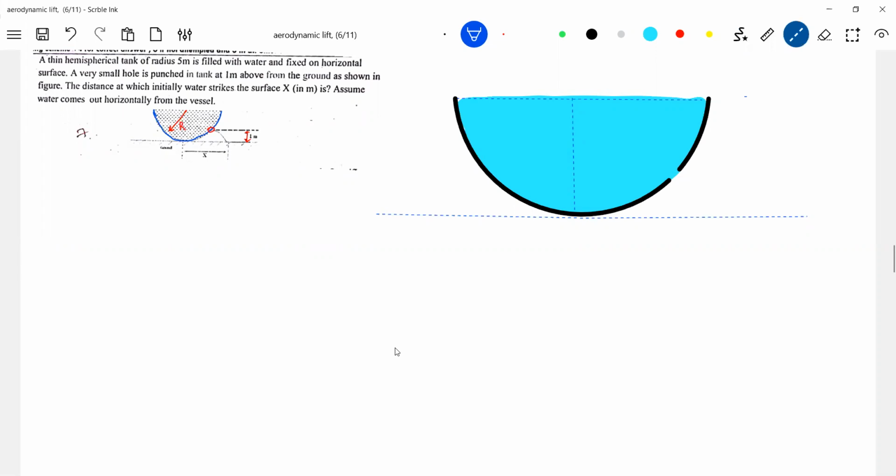Okay, let's get into this one. So this is the thing now. So we know the radius, so we'll call this as O. The hole is at this particular point. He is asking what is the range and what is the height at which the hole is made.